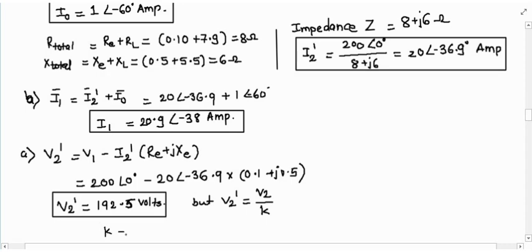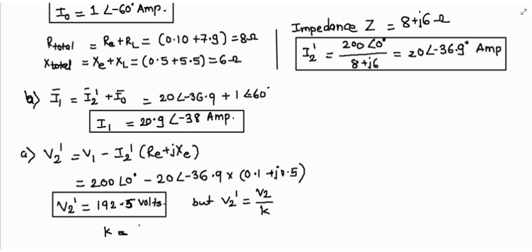What is the voltage rating given to you? It is not given, right? So we can find out K by V2 dash is equal to K into V2. So what is my K? K is nothing but N2 by N1, which is not given to us. But how to find it? In this problem, I forgot to give the K.